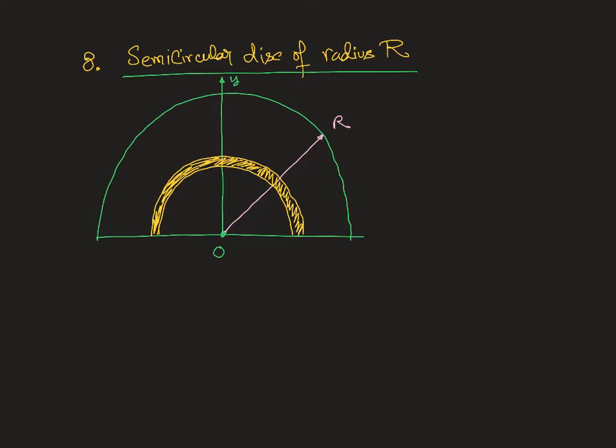So I'll split it up. So actually this is our plan. To make this semicircular disc, we'll split it up into rings and add all these rings to get the disc. So this is small r and the thickness will be d of small r.